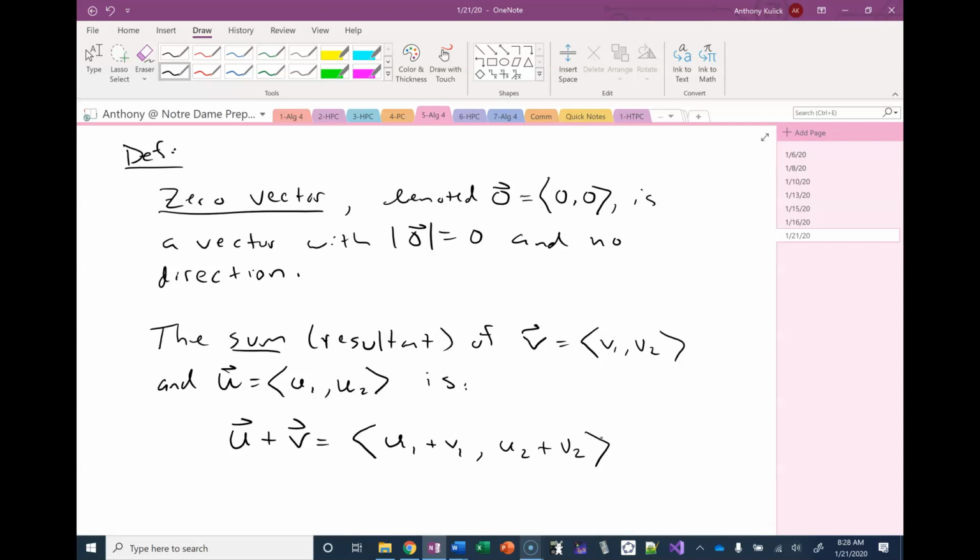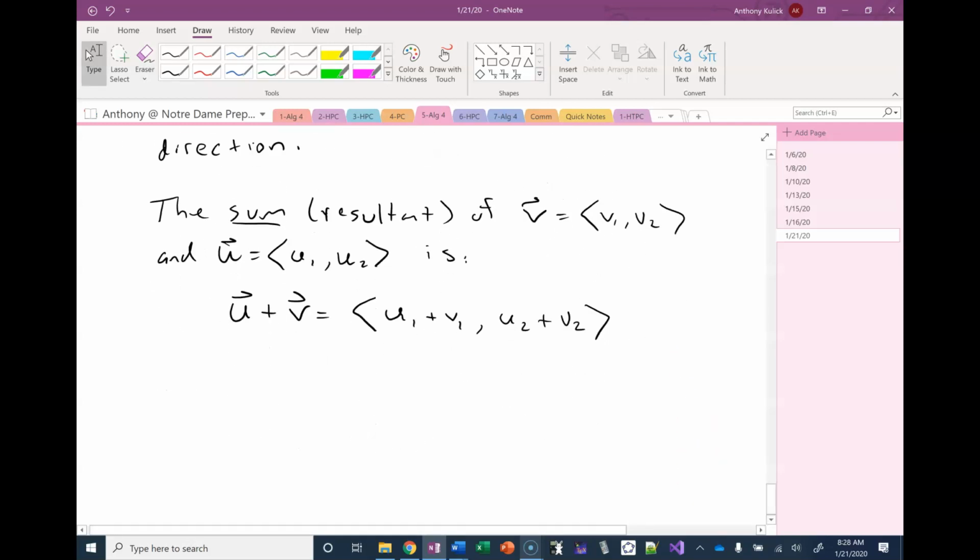So if I want to add two vectors, how do I do that? I can just add them component-wise. So I add the x components together, and then I add the y components together. Very much as we'd hope that vector addition would work, right?